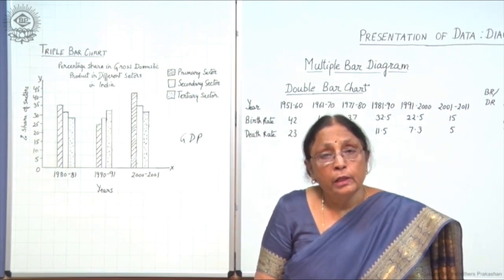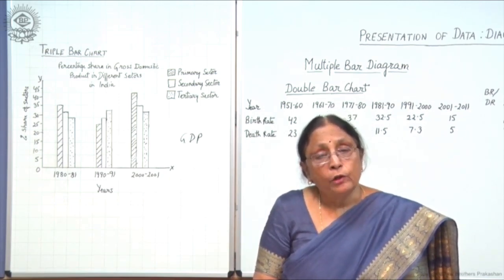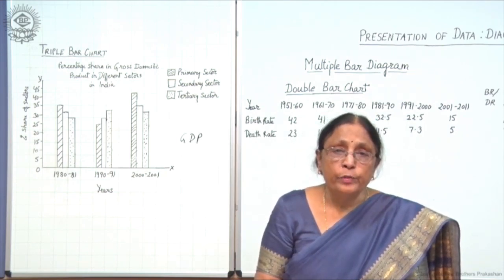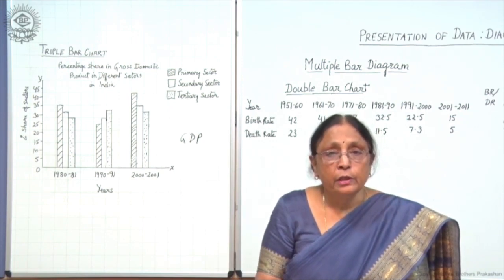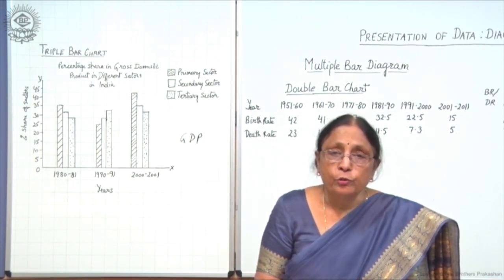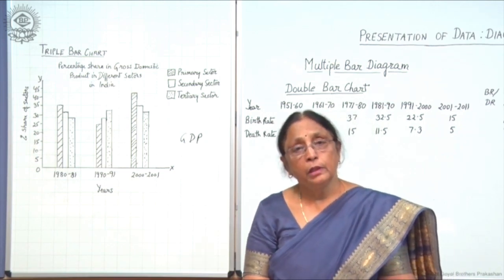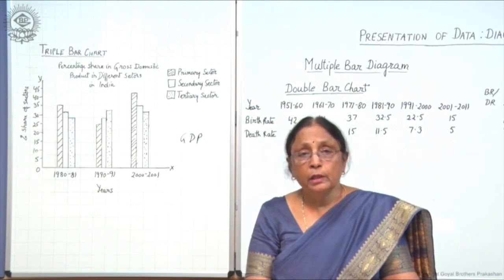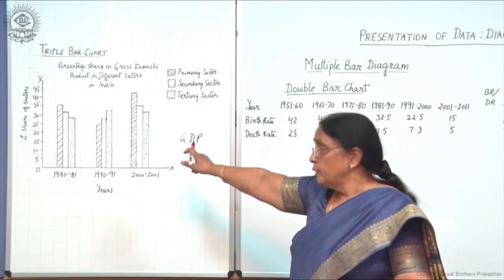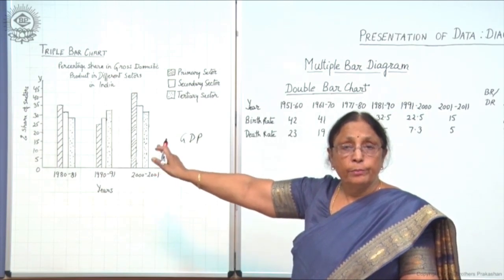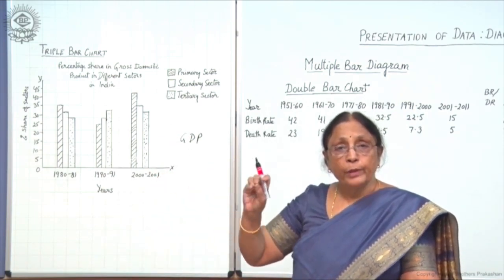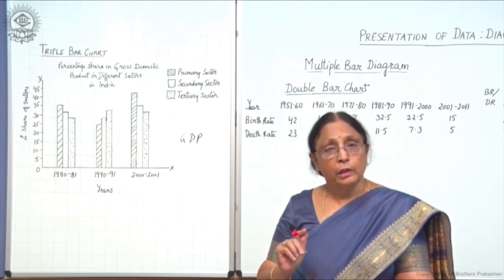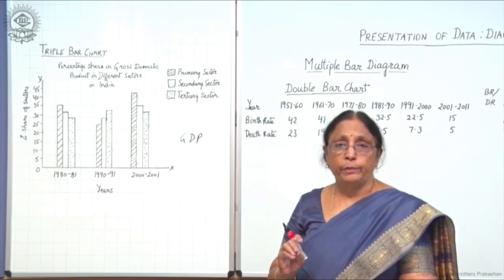For primary, if you are using one particular symbol, in all the sets you will use the same symbol for primary. For secondary there should be only one symbol, and for tertiary, or the third variable, there should be only one type of symbol or sign. It may be colors also. If you are using colors, you can use 3 different colors, but maintain this: for primary you will always use only one shade of color to show one variable, right.